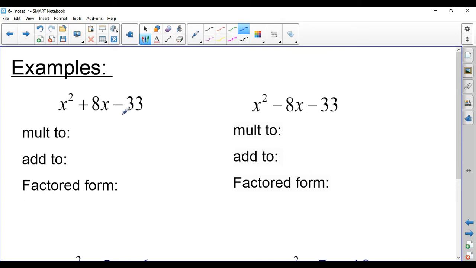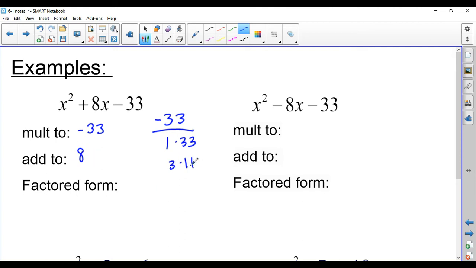So the rules are the same. I want to multiply to my constant, negative 33, and add to my coefficient of x, which is 8. So I want to find numbers that multiply to 33: 1 times 33 and 3 times 11. Now, when they multiply, they're going to multiply to negative 33, which means one of these is going to be positive and the other one is going to be negative. So the difference between them will be 8.